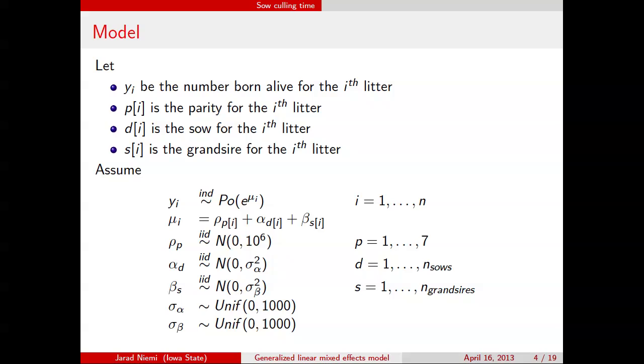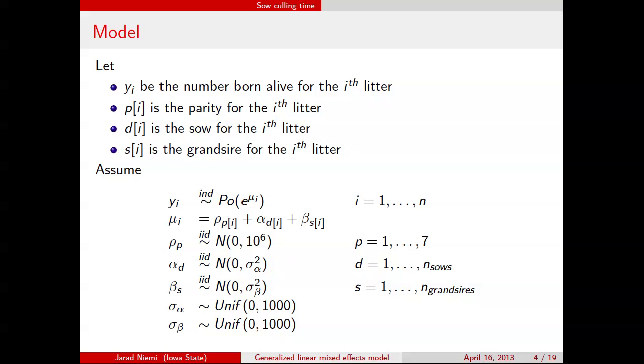Because we had generalized, then we had linear. So everything here in this mu equation is linear. We have rho plus alpha plus beta. So it's linear. It's mixed effect, which means it has both fixed effects and random effects. Here the fixed effects are rho, the parities, and the random effects are the sows and the grandsires. So because it has both fixed effects and random effects, it's a mixed effect model.